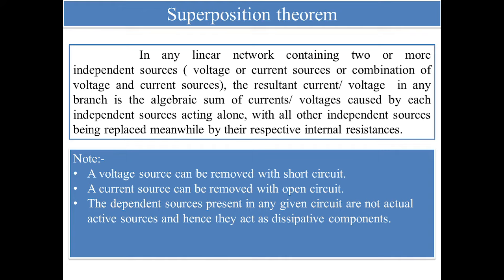So you need to concentrate on dependent sources. And we have to remember that dependent sources will have zero value when their control voltage or current are zero. So these are the key important notes you should keep in mind while applying superposition theorem.